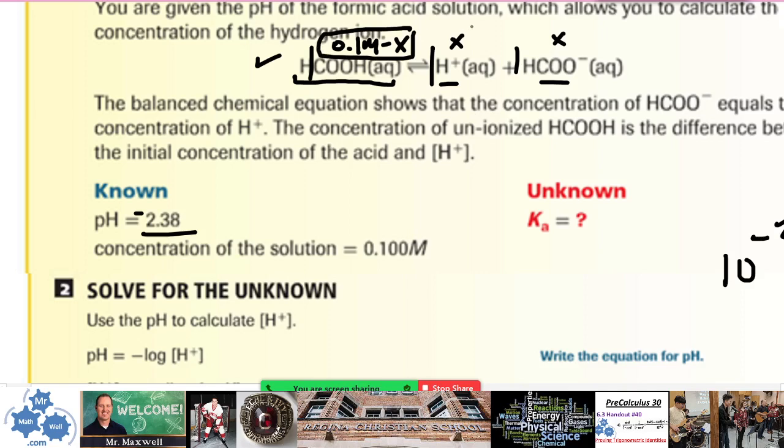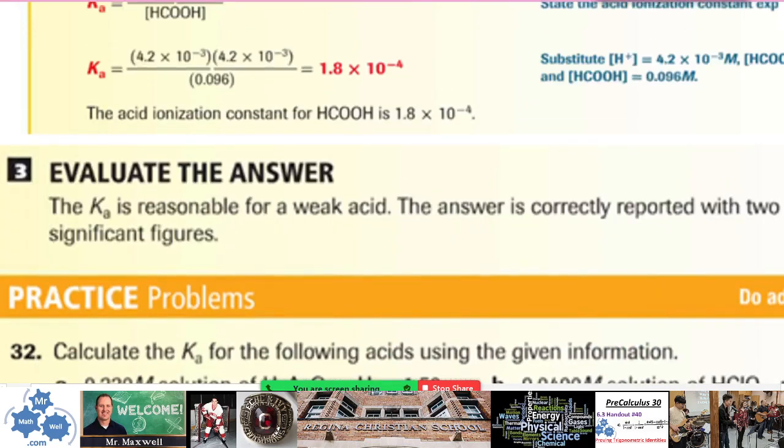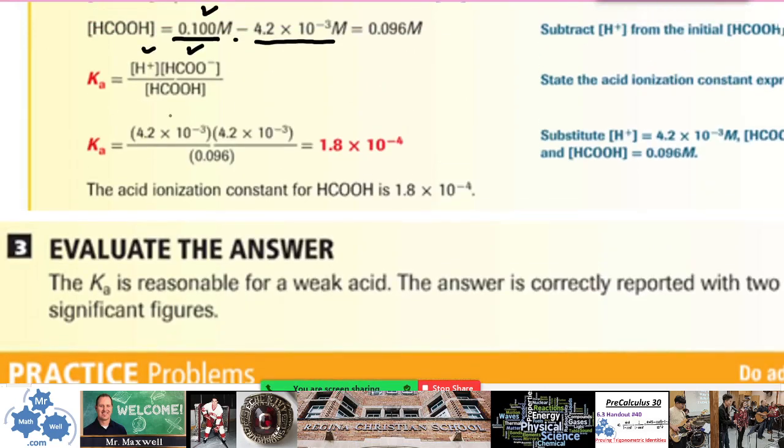And that's going to be our pattern if we later want to find an unknown concentration of H plus. So to find the Ka right here, we go ahead and do that. Put in our concentrations. And then this is the big thing right down here. You have to have a concentration underneath there as well to solve for the Ka. So when you divide by that, then you get your Ka.